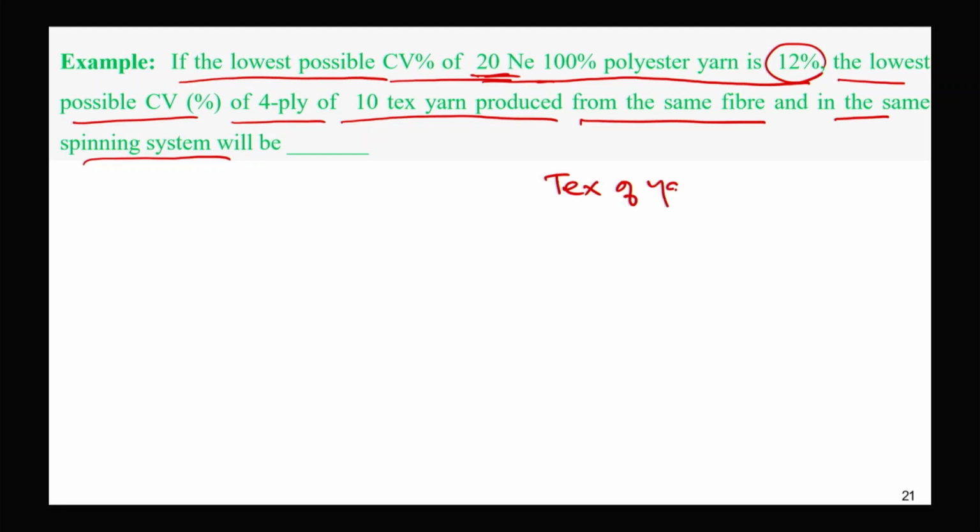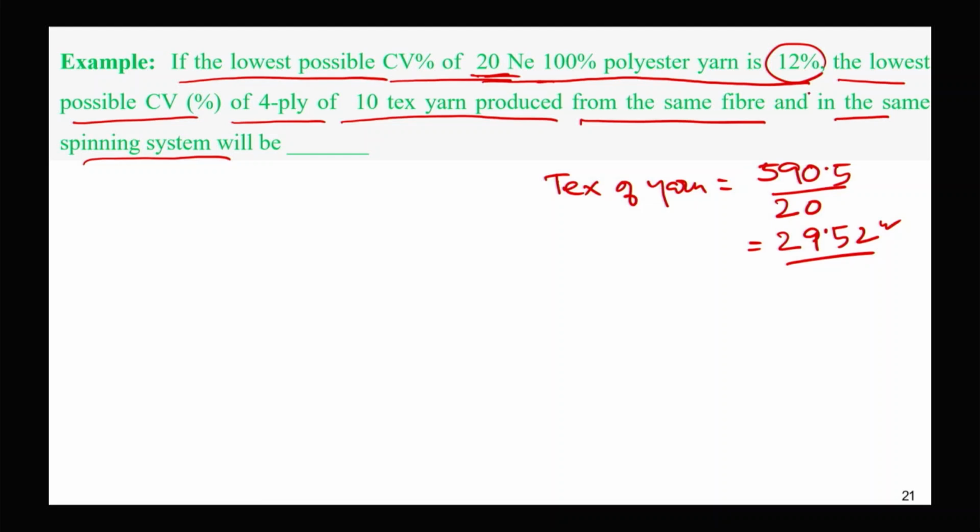Tex of yarn. Relationship, as we know, 590.5 divided by 20 gives 29.5. Approximately this is the value, 29.5. So this is the tex of yarn.